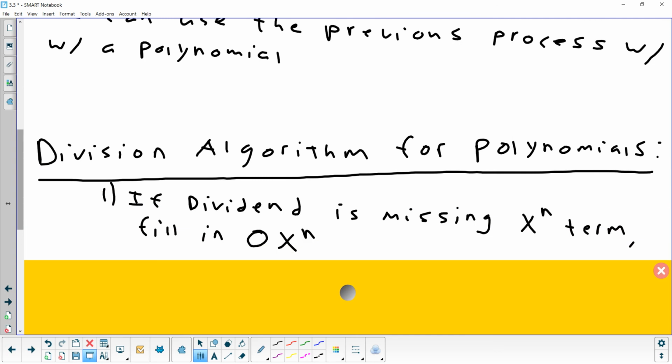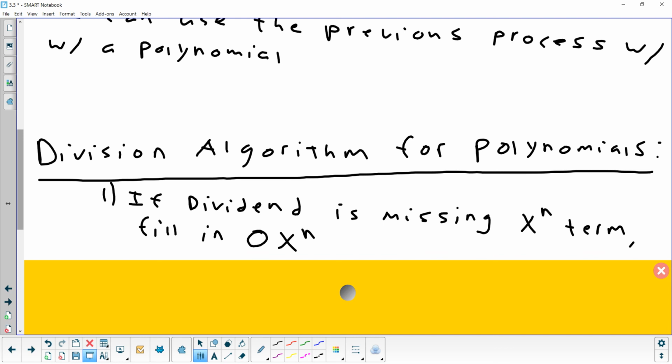So the first step is if what you're dividing into, your dividend. The dividend is what is under the root. The divisor is what is outside. Some people mix those up. But dividend is what's inside, divisor is what's outside.